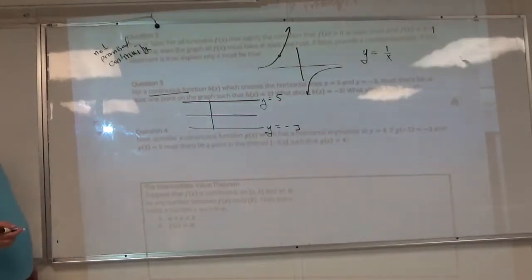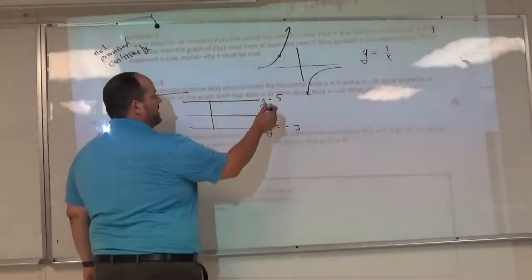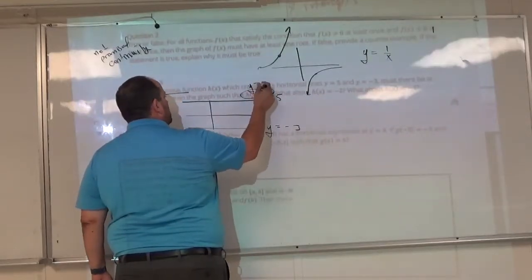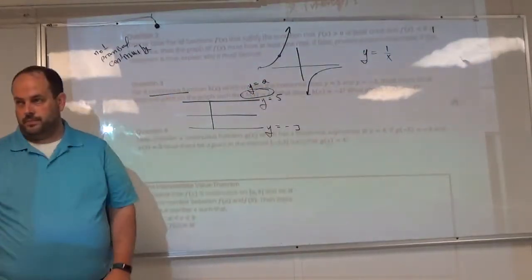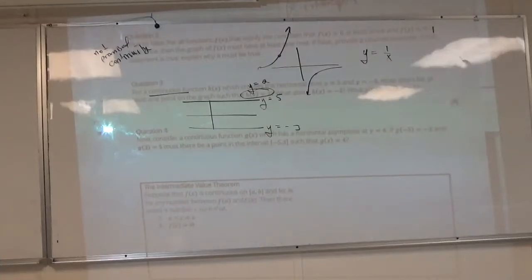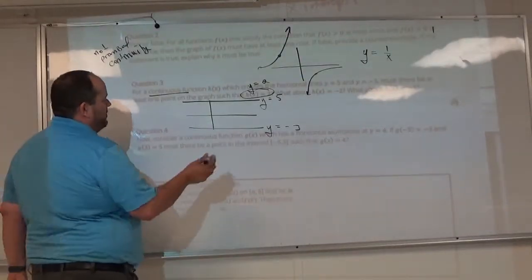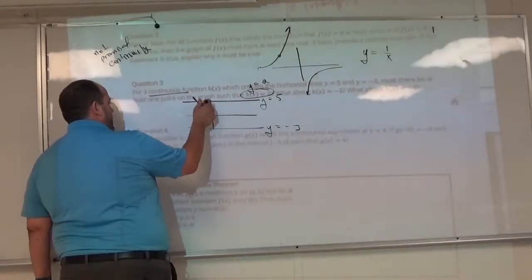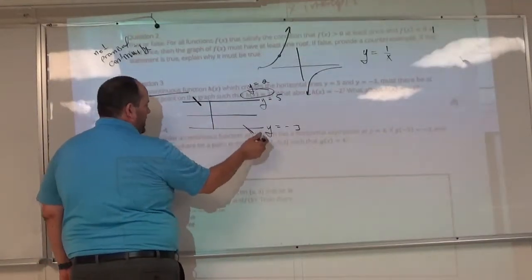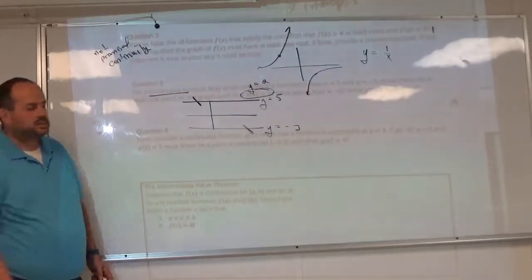Must there be at least one point on the graph such that h of x equals 2? That's the same as saying y equals 2. Does there have to be a place where y is equal to 2? Yes. You've got a continuous function that passes this line somewhere and passes this line somewhere else.